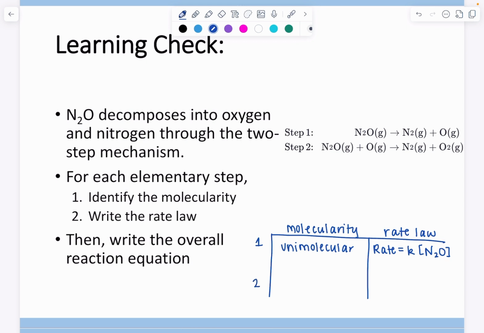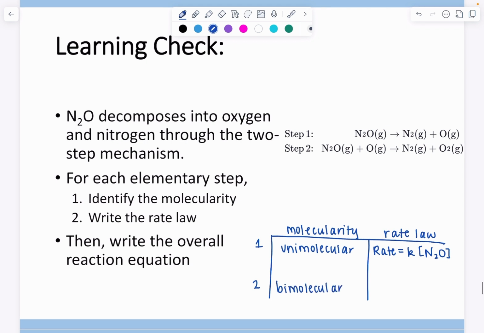If we look at step 2, there are two reagents present, so that is a bimolecular elementary step. And the rate would be K times the concentration of N2O times the concentration of O. Okay, so we've got molecularity and rates here.